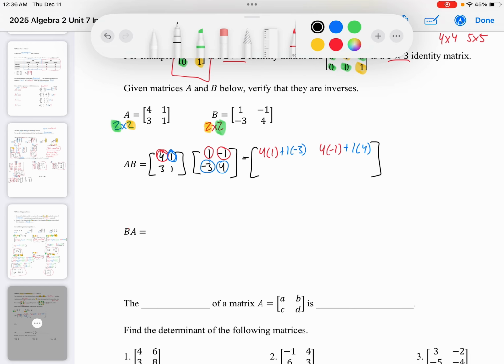Then for the one down here, we will be using the second row from matrix A times the first column from matrix B. So we will start with 3 from matrix A times this 1 from matrix B. So 3 times 1, and then the 1 from matrix A times this negative 3 from matrix B. So plus 1 times negative 3.